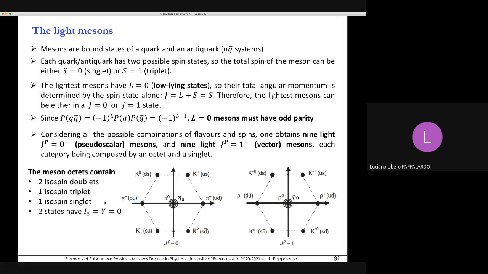And then there is one isospin singlet, that we call eta 8 or phi 8 here. In total, we have 2 states which have vanishing third component of isospin and hypercharge, which are the pi 0 and eta 8 for the pseudoscalar mesons, and the rho 0 and phi 8 for the vector mesons. In addition to that, we have the singlet, because it is always an octet plus a singlet, and the singlet is, of course, with vanishing I3 and Y.